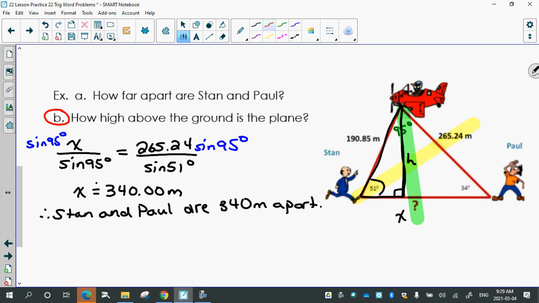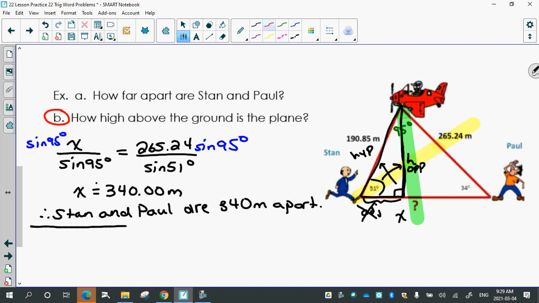Okay, so according to the 51 degrees, the height that I'm trying to find would be my opposite side. Across from the 90 is my hypotenuse. And this little bit at the bottom here that I don't know is my adjacent. And I'm trying to find the vertical height, and I know the hypotenuse, so I'm going to cross off the adjacent.